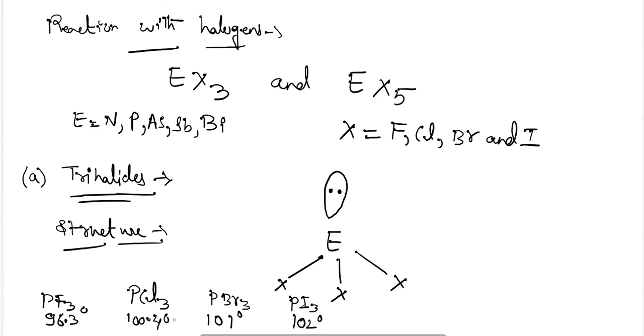Properties of trihalides. The group 15 trihalides have covalent bonds, but they have some ionic nature as we are going down in the group. We will see that BiF3 has more ionic character in comparison to the covalent character.